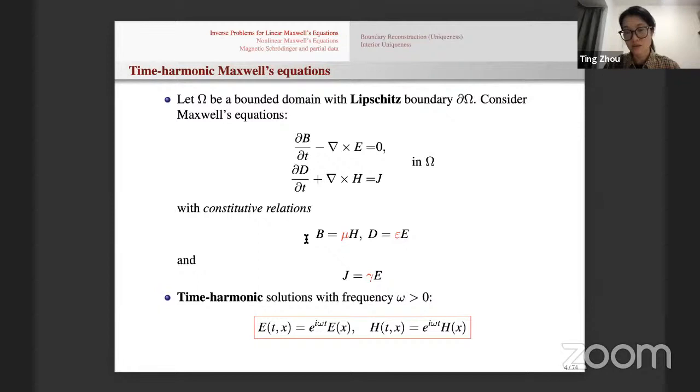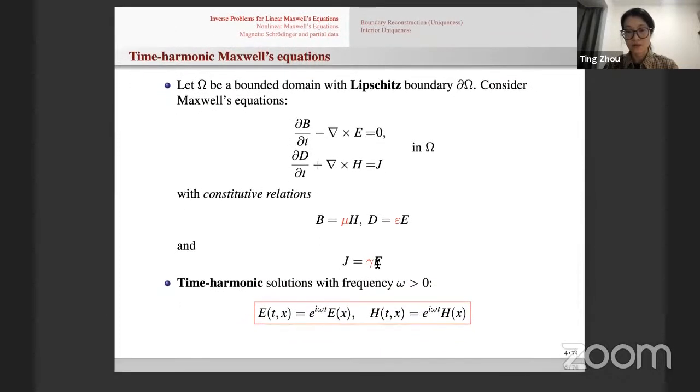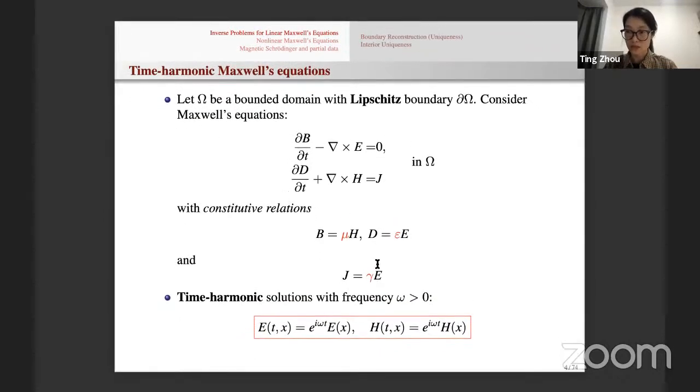So this is the linear medium, where B is related to H by the permeability mu, D is related to E by epsilon, the permittivity, and the current J will be the conductivity gamma multiplying the electric field. Okay. So mu, epsilon, gamma, these are the three parameters that we are interested in reconstructing.